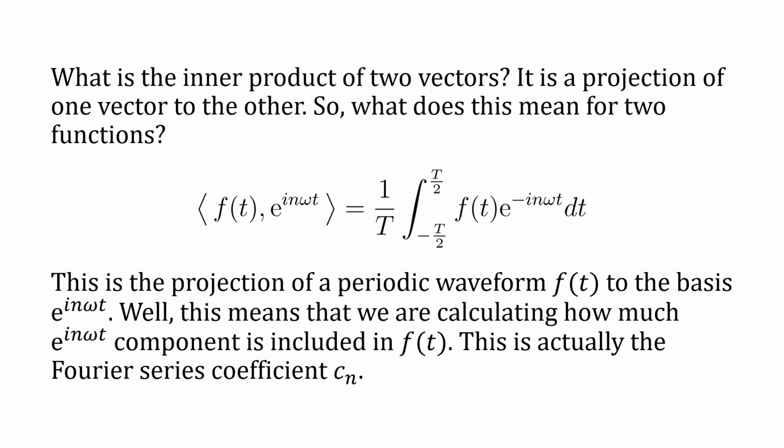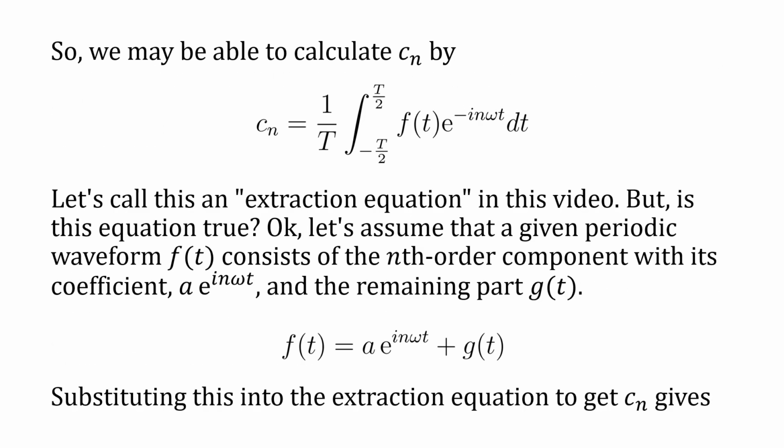This is the projection of a periodic waveform f(t) to the basis e^(inωt). Well, this means that we are calculating how much e^(inωt) component is included in f(t). This is actually the Fourier series coefficient Cn.